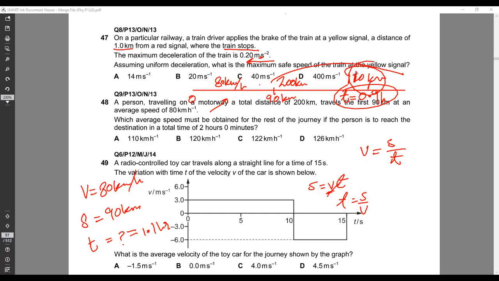You are right. It's 110, because the distance was 90. So my mistake. Yeah, 110 over 0.9, what do you get? 122, which is the C option. Got it? Tanya, is that clear?